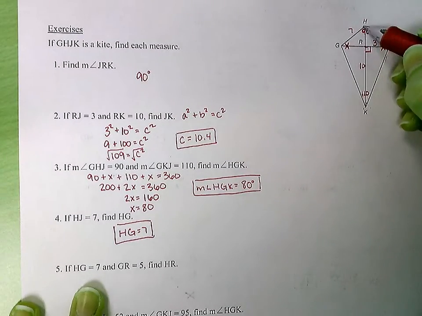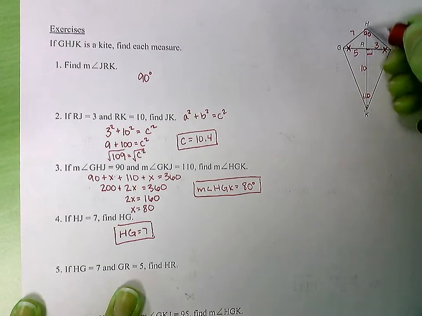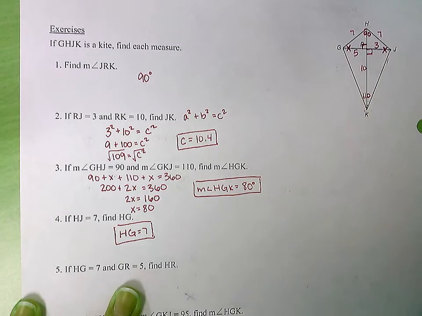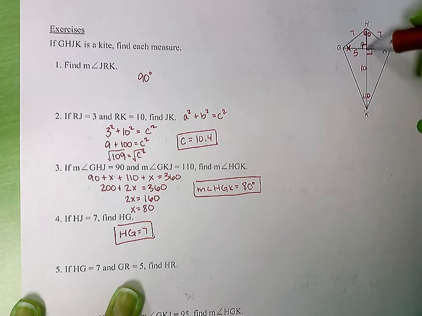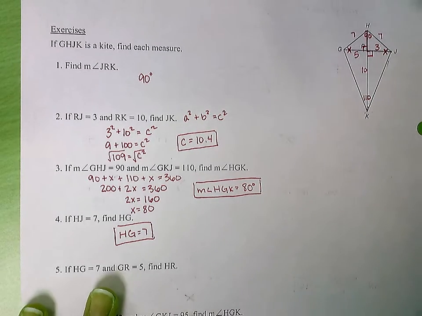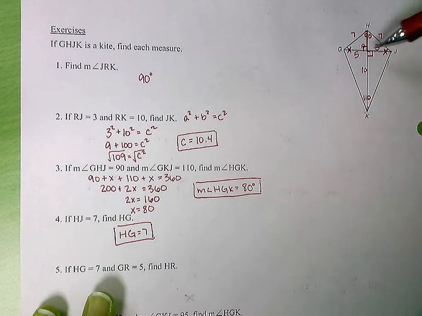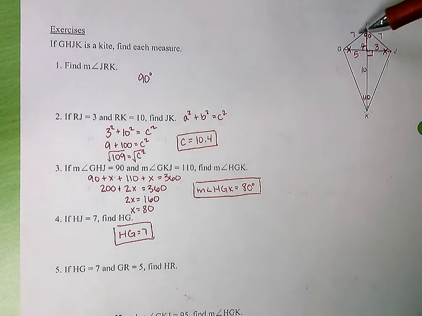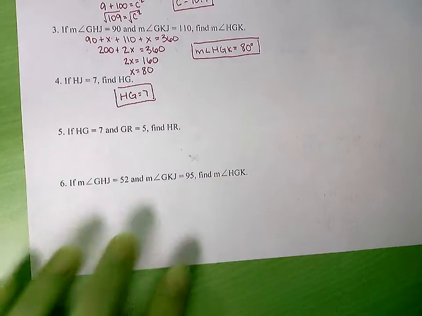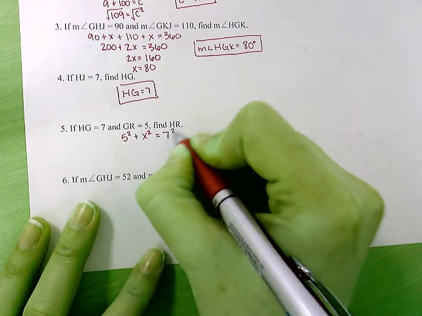Number 5, you're given HG is 7, GR right here is 5, and you want to find HR. So again, this is a right triangle, and you're given 2 sides of that right triangle. So we can find that 3rd side by using the Pythagorean theorem. Now, when using the Pythagorean theorem, this is your hypotenuse, not one of your legs. So 7 is your C value. So I'm going to take 5 squared plus x squared is equal to 7 squared.